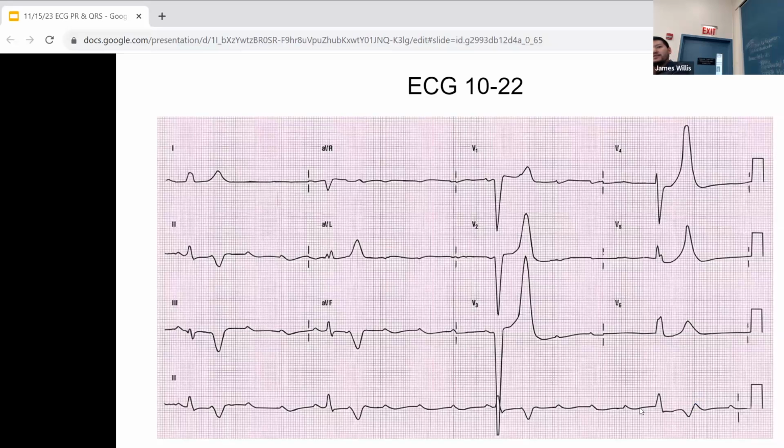Management wise, does it really matter? Third degree, second degree, you can place a pacer if they're unstable. What's the rate here? It's in the 20s, so you're going to place a TVP or at least transcutaneously pace them. But this is third degree heart block.